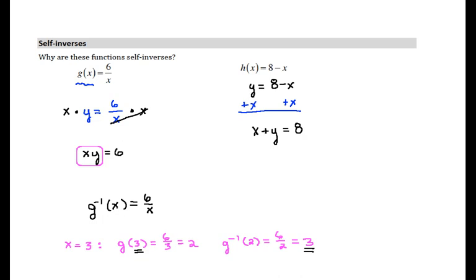Well, multiplication is commutative. That means if I change the order, it doesn't really change. Addition is also commutative. So if I change the order of x and y, I don't get a different equation. So this is another example in which the inverse function, h inverse, is the same as the original function.